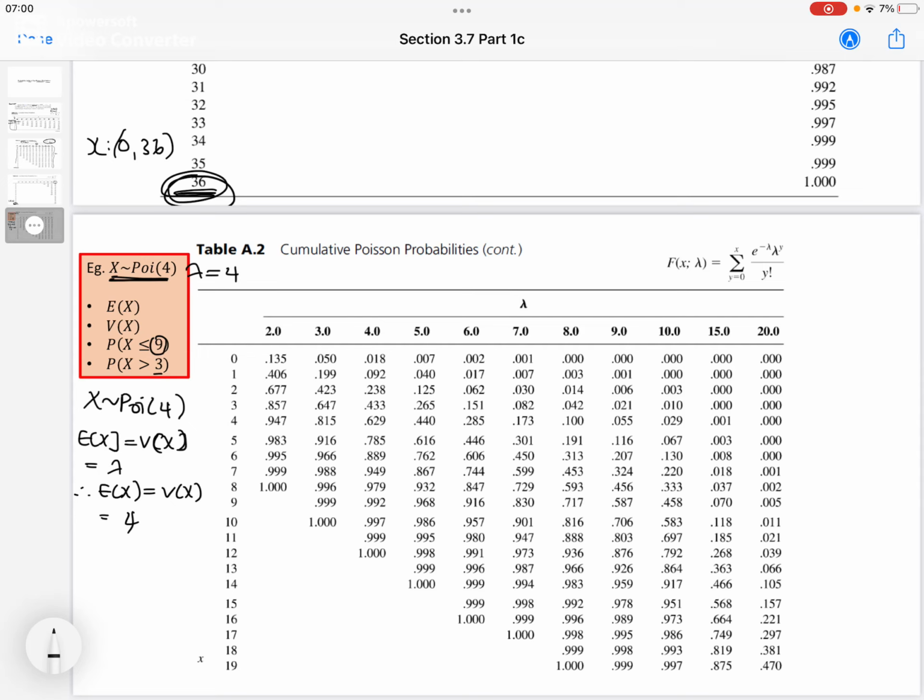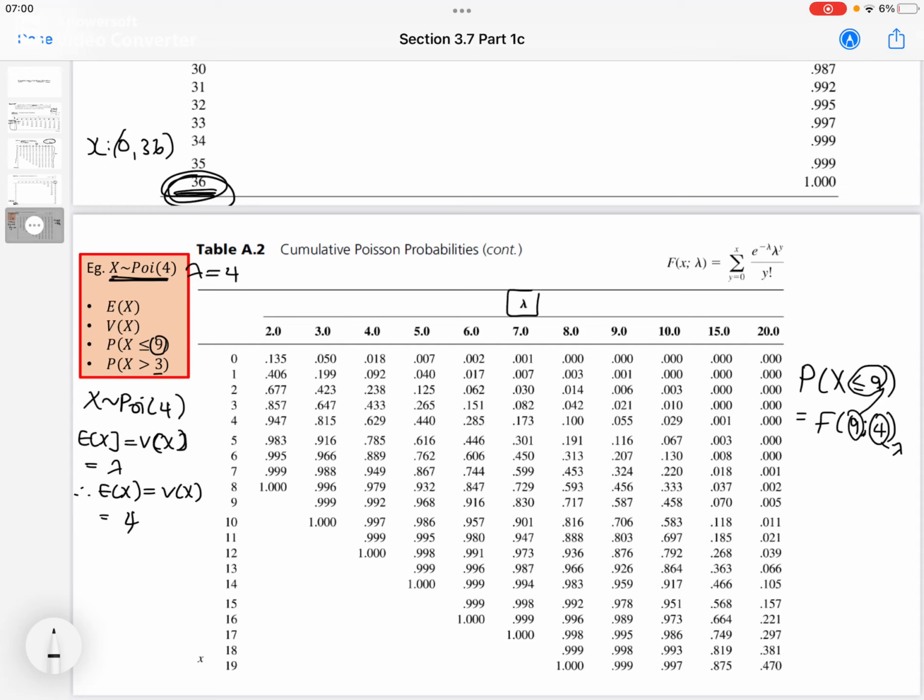Now, what is the probability that x is at most 9? The probability that x is at most 9 is F(9; 4). When I write capital F bracket 9; 4, the 4 is the value of the parameter lambda, and the 9 is the value of x.